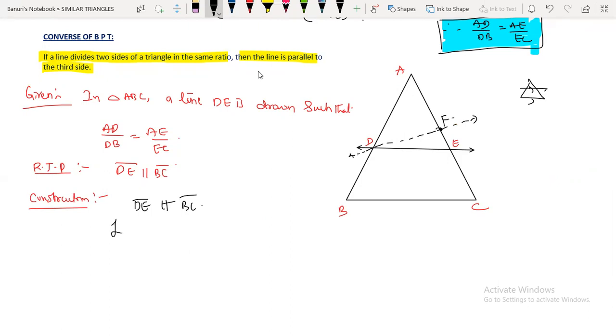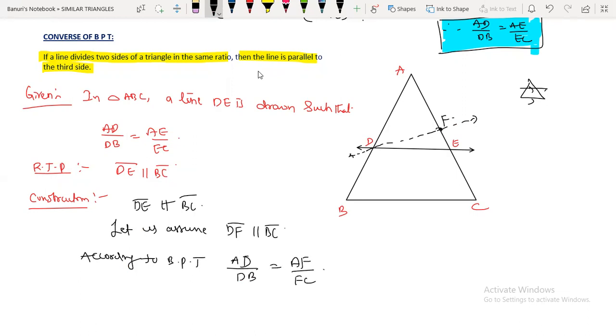So let us assume DF is parallel to BC. So if DF is parallel to BC, according to the basic proportionality theorem, AD by DB should be equal to AF by FC.